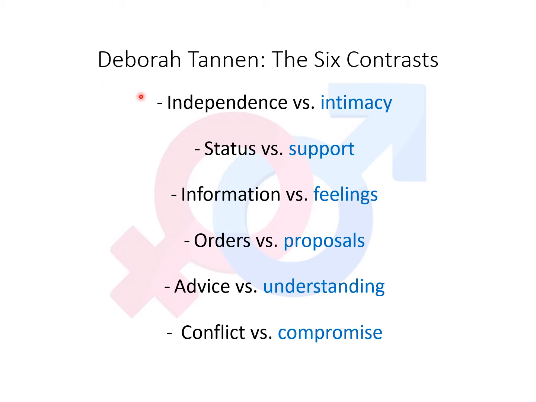Those in black, independence, status, information, orders, advice, and conflict, are all the way men use and communicate using language, and those in blue, intimacy, support, feelings, proposals, understanding, and compromise, are the way that women use language, meaning sometimes they can be dissatisfied with each other when it comes to communication.